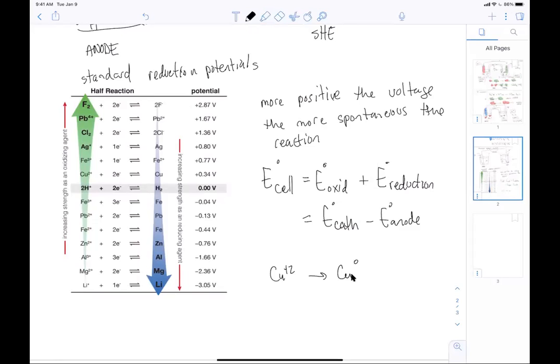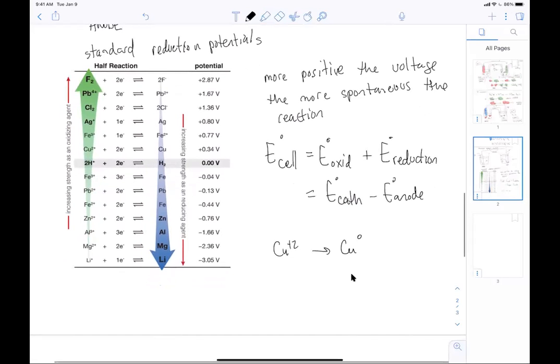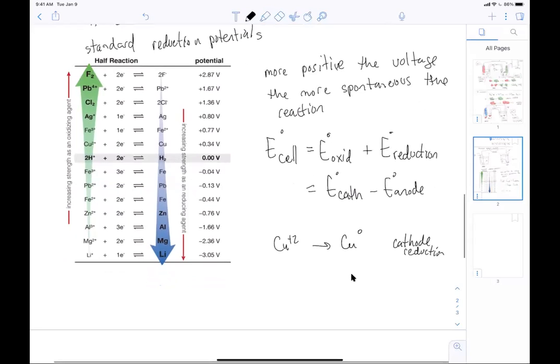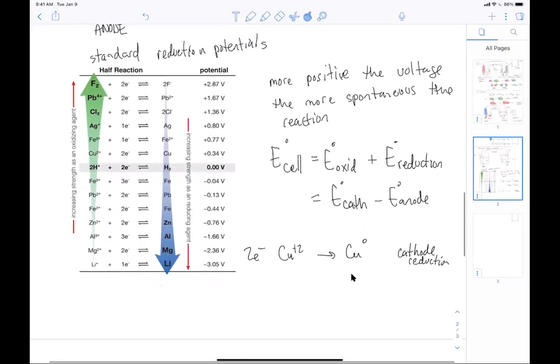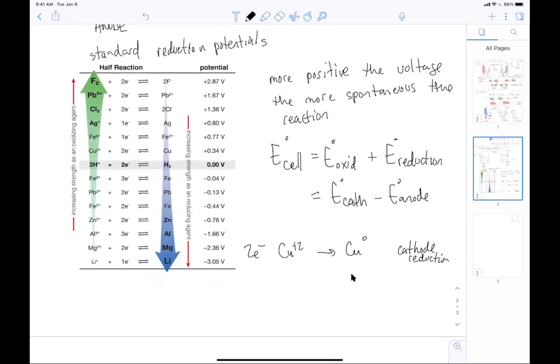So that would be the cathode, where the reduction is happening. And let's say I mix that with something else with 2 electrons on it. What if I mix that with iron, and I want to have that at the anode, as my oxidation reaction.